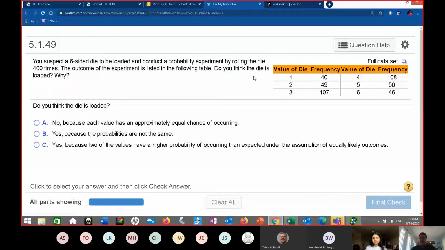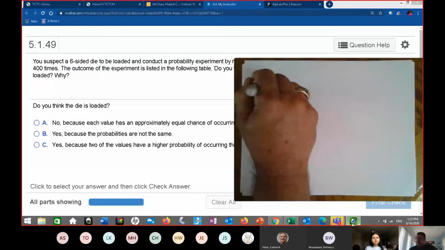So the first thing you're going to do is take 400 and divide by 6, because if it's equal, you're going to get around this number of times. 6 will go into 40 6 times, that'll leave 40, 66.6 repeating, which is about 67 times. So each number on a die should be around 67, somewhere from 64 to 70, somewhere in there.